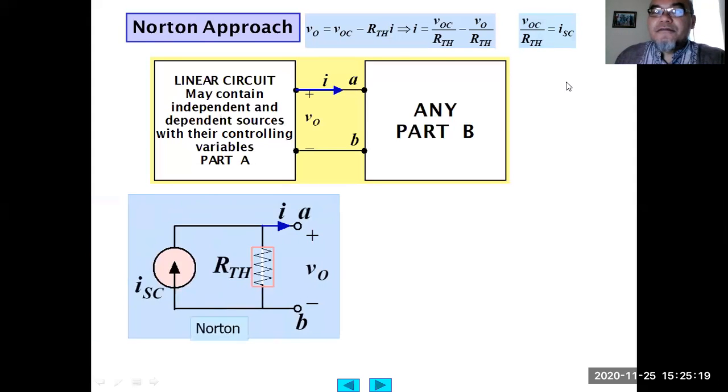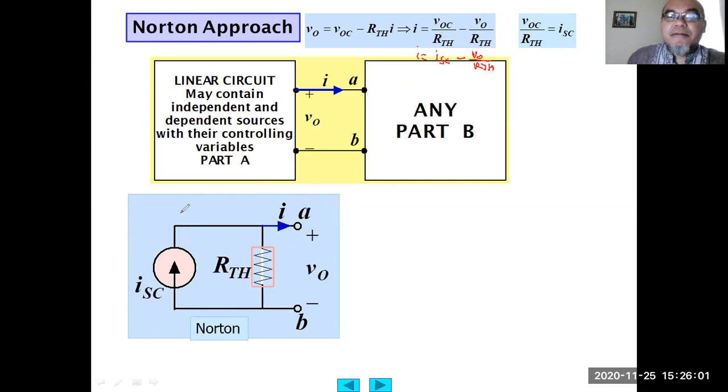Okay, so basically this is a superposition as well. So I equals ISC negative the output divided by RTH. This is the short circuit current and this is the open circuit current contribution. So when we put in the equivalent circuit, it will look like this.